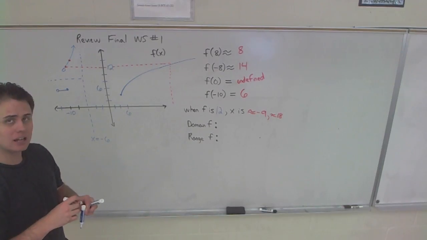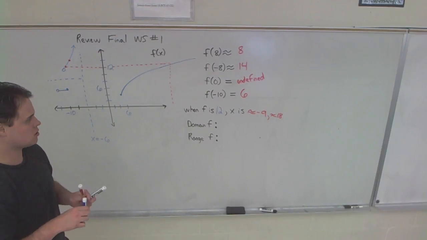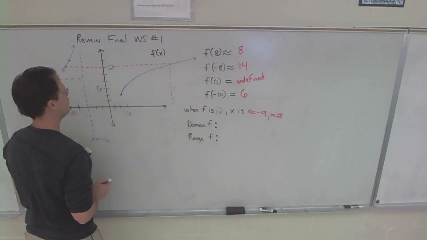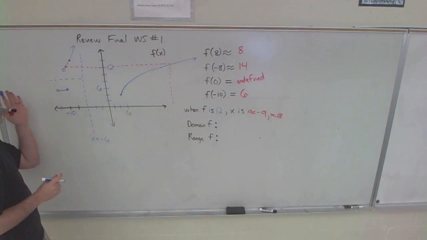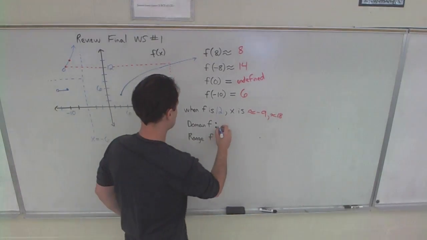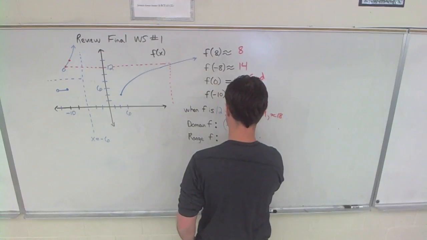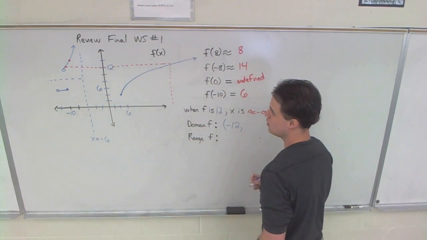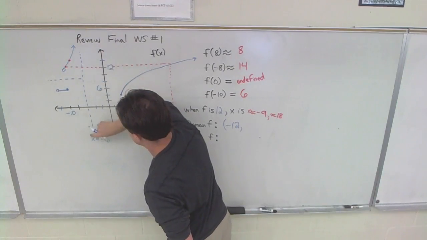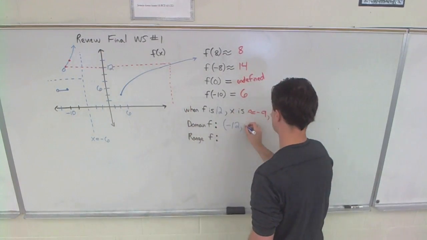So now domain, again, is going to be the x values that exist on the graph. So if I look at the graph, let's put our arrow back here. Starting from left to right, left side looks like negative 12 is where it starts with an open parenthesis for the open circle. Then it goes to negative 10 and jumps up here, and it keeps going, I think, until we get to negative 6.